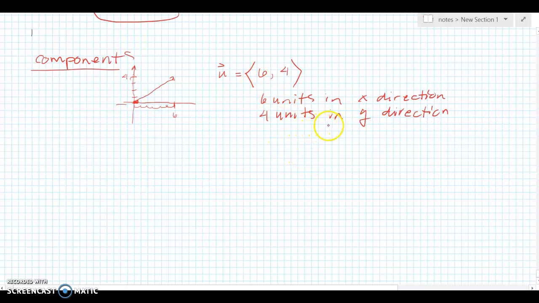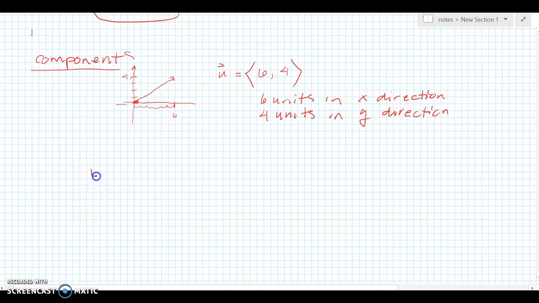I don't know what their real name is, but that indicates I've got a vector, and it's telling me I've gone 6 units in the x direction and 4 units in the y direction. And that's if I use each square as 1 unit, which seemed reasonable, so I may have to redo everything here.